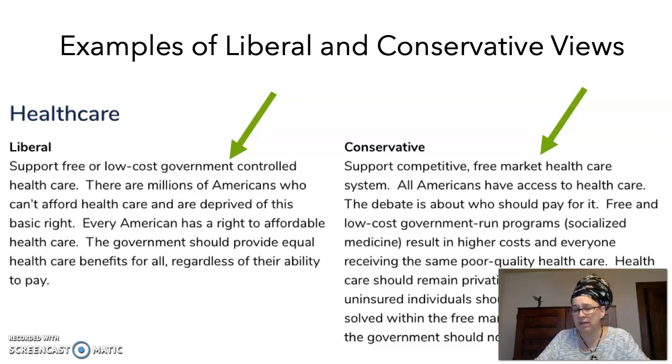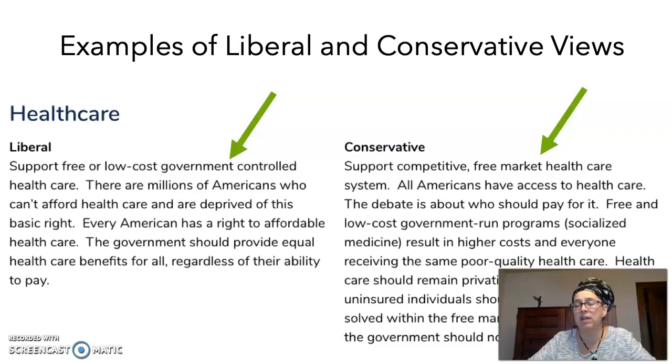However, a conservative says no. Let's support the competitive free market healthcare system. All Americans already have healthcare access. The debate's who should pay for it. Should the person pay for it, or do I have to pay for somebody else? They say that free and government-run healthcare programs are called socialized medicine, and that they result in a higher cost for everyone receiving the same poor quality health care.